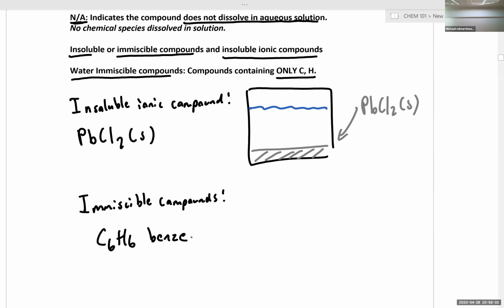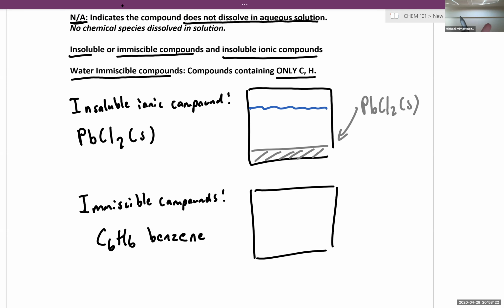We know intuitively, for example, that oil and water do not mix. I like to think of these immiscible hydrocarbons as like oil. They're really greasy, they're very non-polar, and they don't mix readily with water.